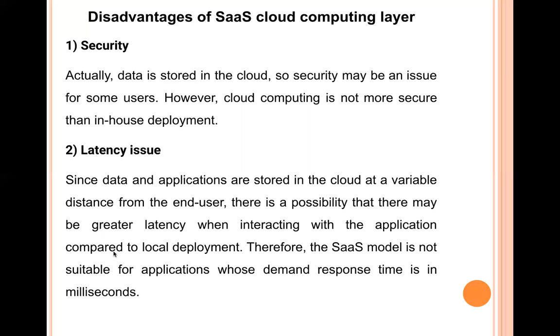Internet connection speed is a major issue in SaaS. If the application and data are stored locally, then it is always faster than the cloud. Because both are stored on a cloud in the case of SaaS, accessing that data will require more time compared to a local machine.